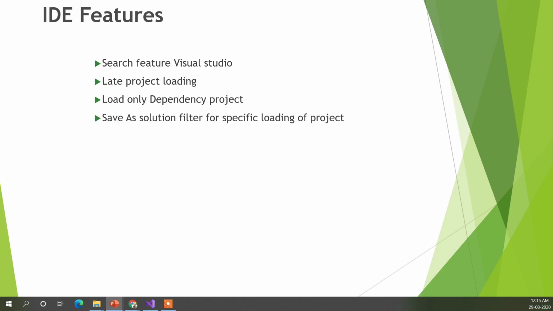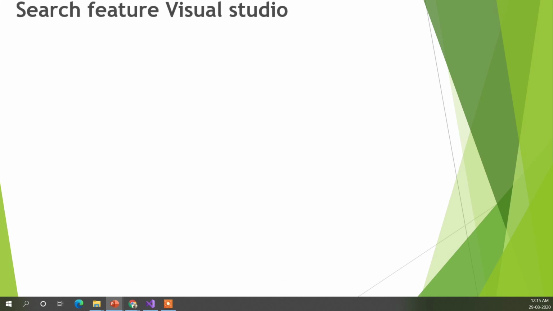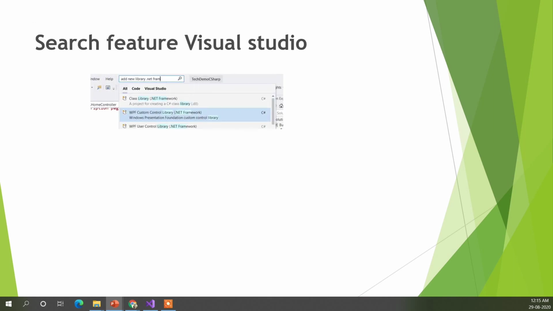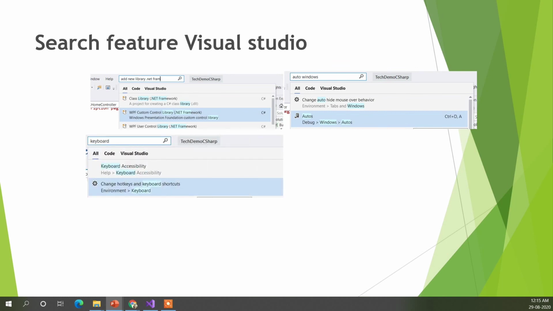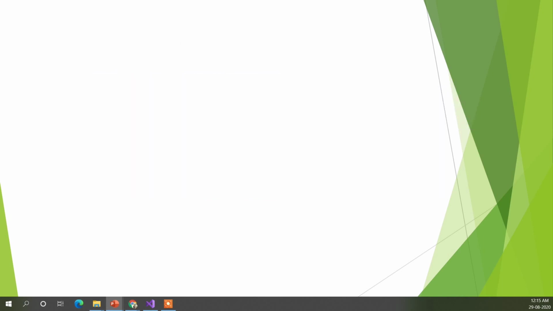Then we can save all those filters in a solution filter file. So with search features, we can search the settings for adding new projects. We can search settings for showing windows. We can search settings for keyboards or other related settings.